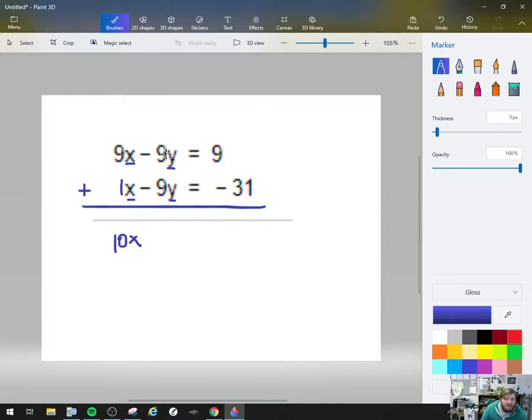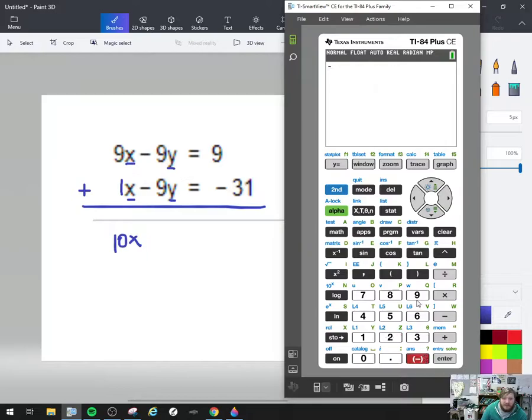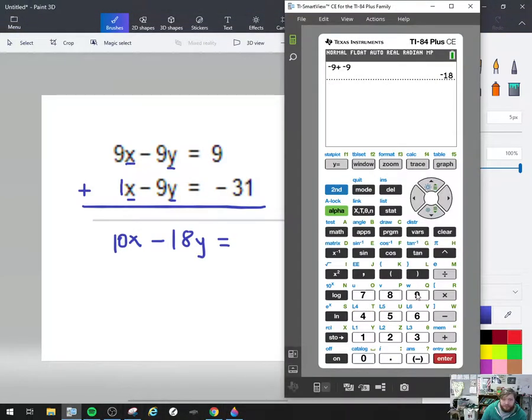And then minus 9y plus minus 9y, which if I was using my calculator, I would say negative 9 plus negative 9. Negative 18. Okay, and I can just write that as minus 18y. Y is equal to 9 plus negative 31, which I think is negative 22. Yep, okay.